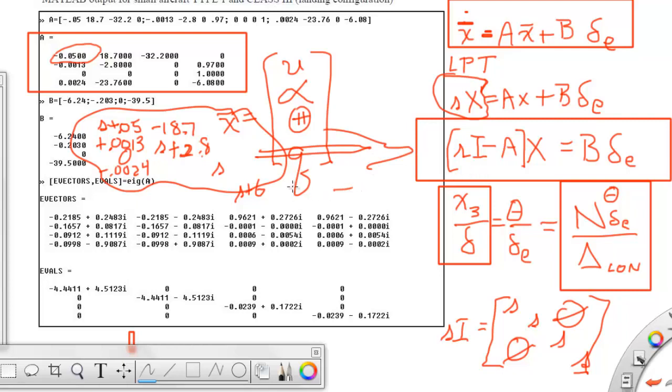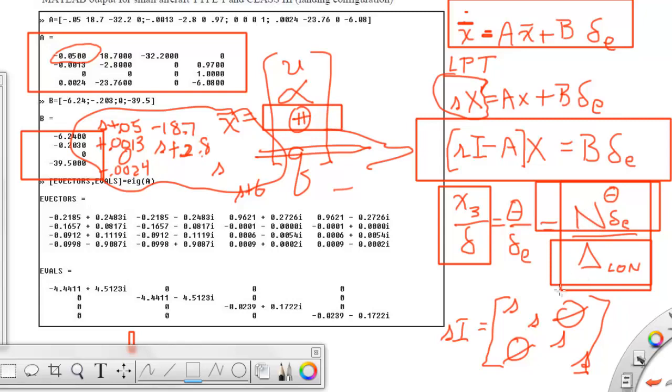The determinant of that matrix is going to be del long. If I take the B vector, which is shown right here, and substitute it for the third column, for the theta, that's going to be the coupling numerator, theta delta E. So the determinant of the sI minus A matrix with the third column replaced with B will give me the numerator.